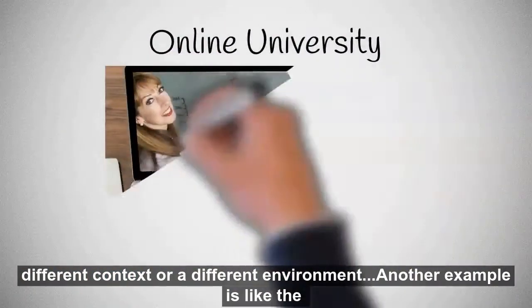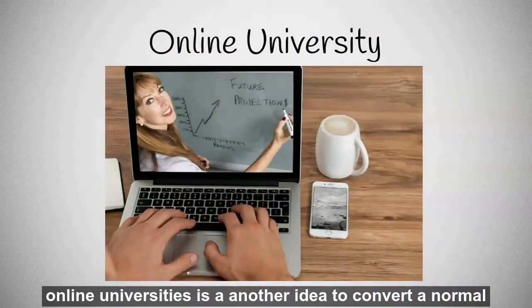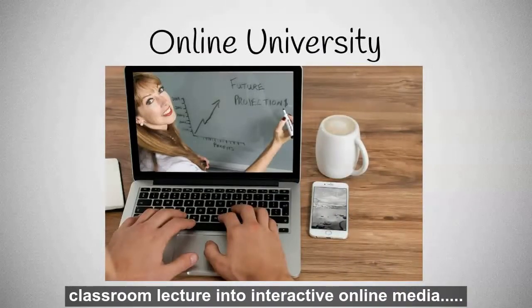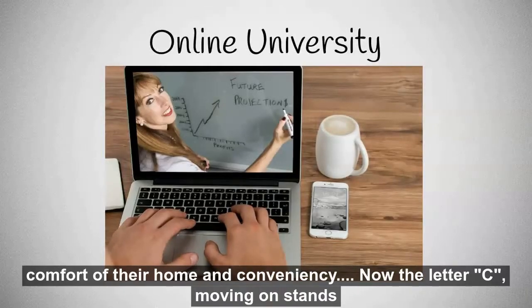Another example is the online university. The online university is another idea to convert a normal classroom lecture into interactive online media so that students can attend classes anytime, anywhere, within the comfort of their home and convenience.